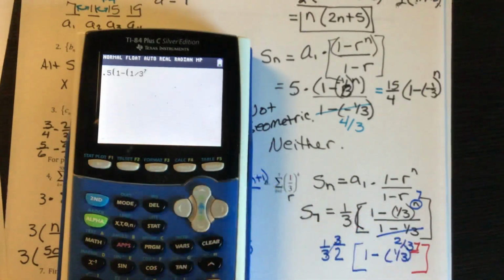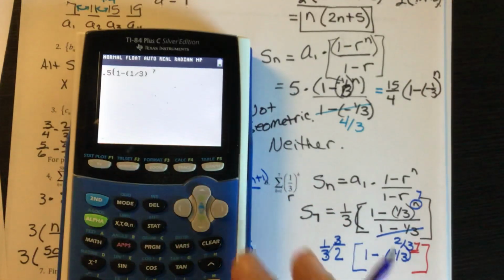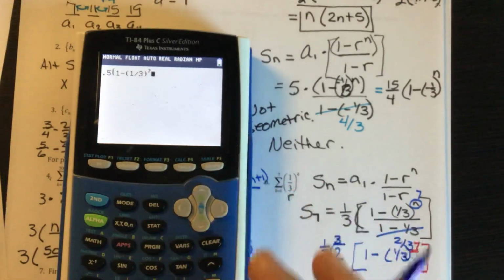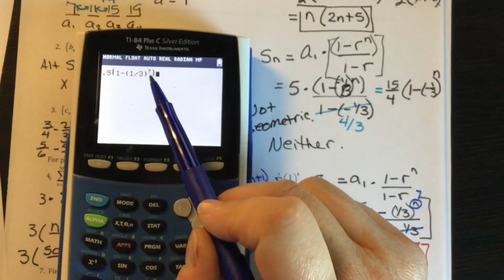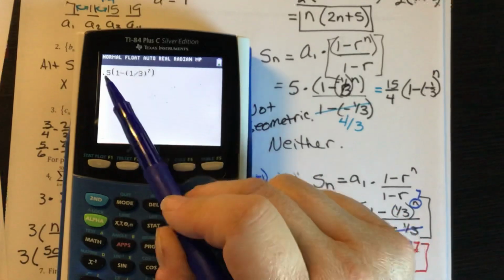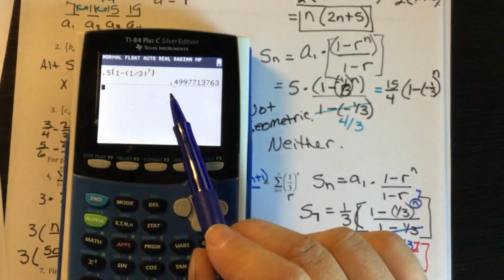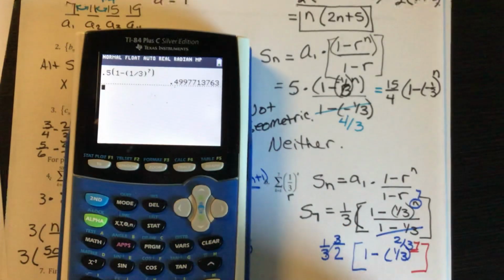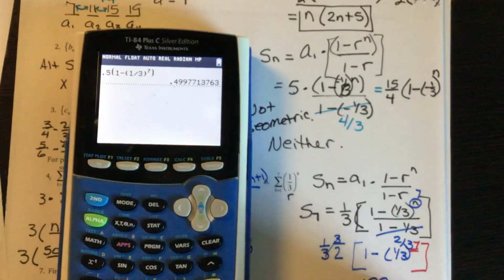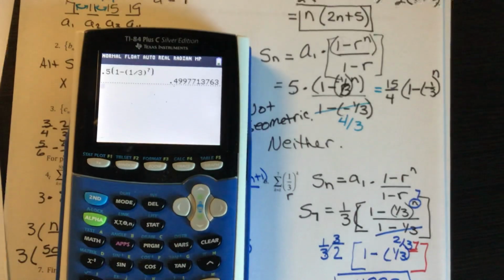I want parentheses here. There we go. So I have 1 minus 1/3 to the 7th power, all of this times 0.5, or 1/2. And that gives me 0.4998. And that would be the sum of all those terms.